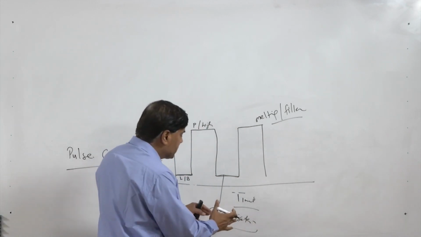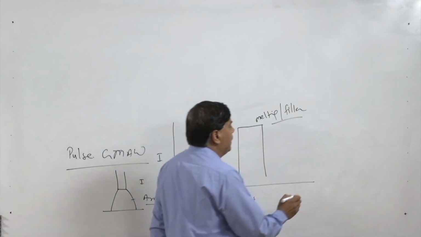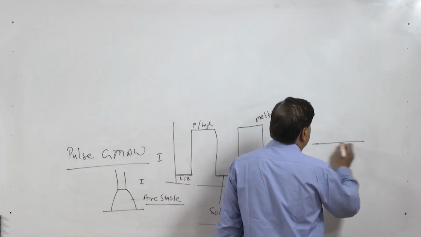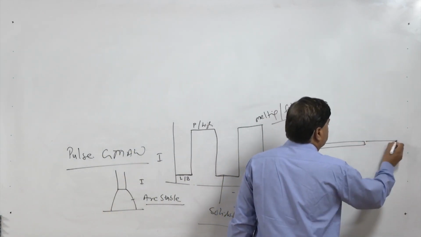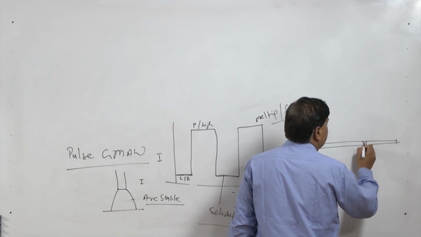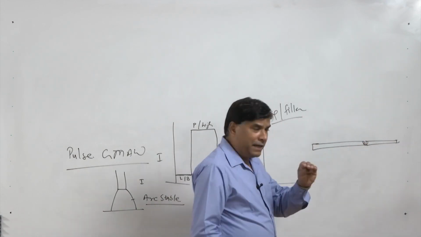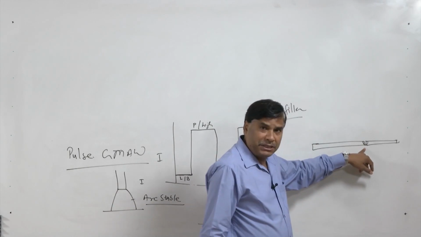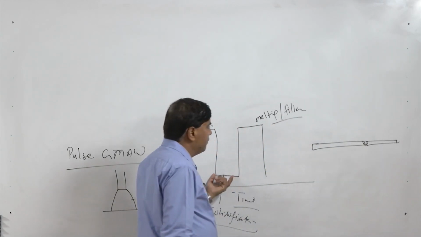This is especially useful for cases like when we are working with very thin sheets. The pulse will come, it will melt a small amount of metal at the edges of the faying surfaces of the sheets, and then solidification will follow.